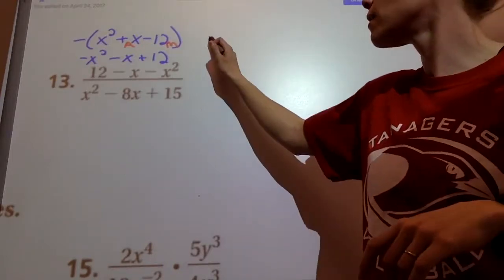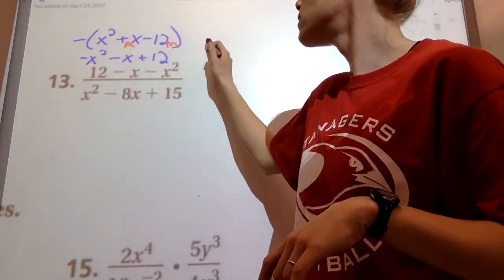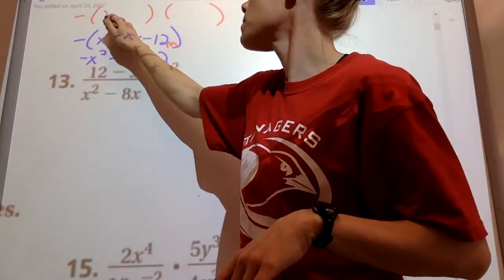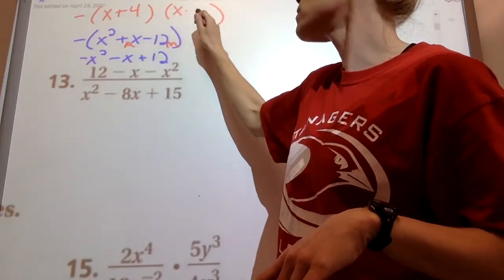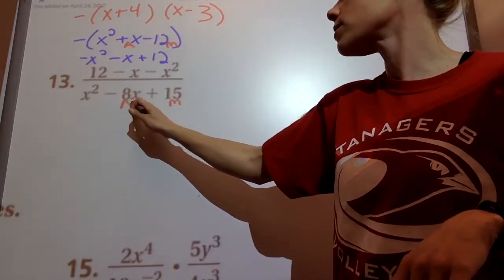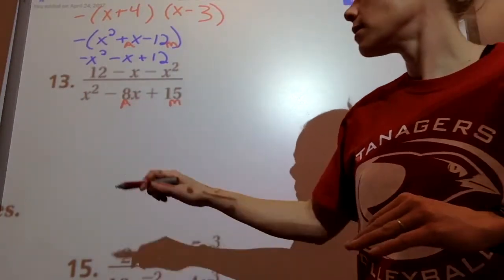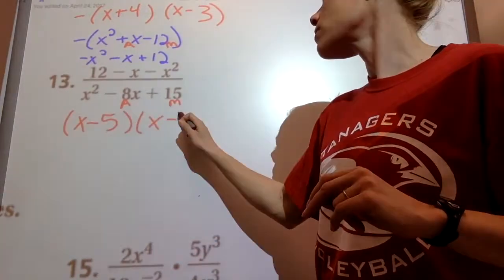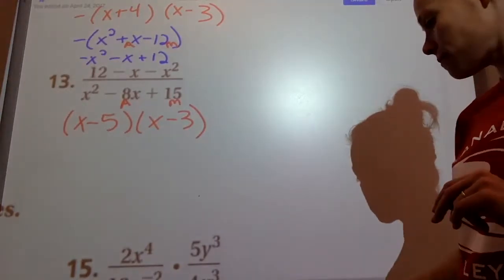And what would that be? Yep, x plus 4, x minus 3. And then I'm down here, what do I multiply equals 12, but add equals negative 8? Okay. So now I'm looking, what can I cross off?